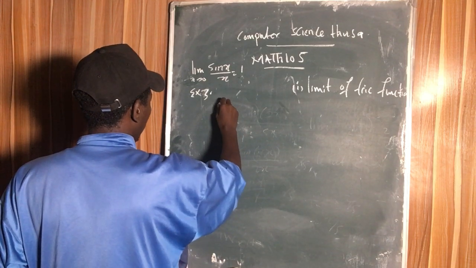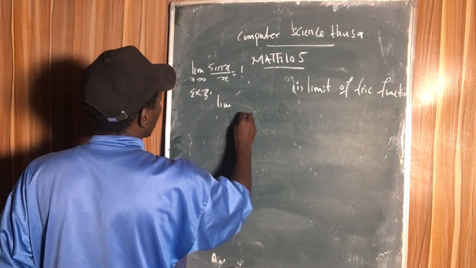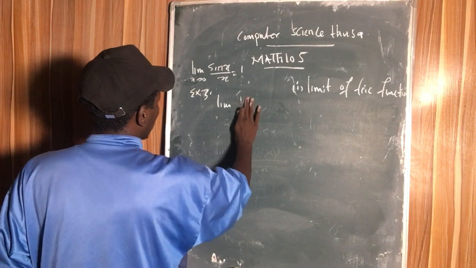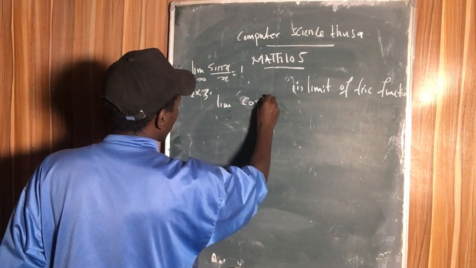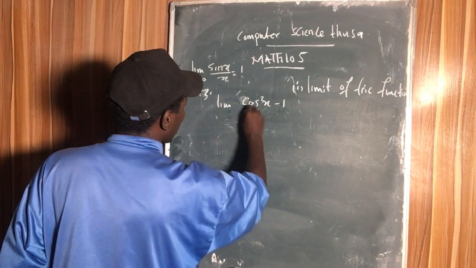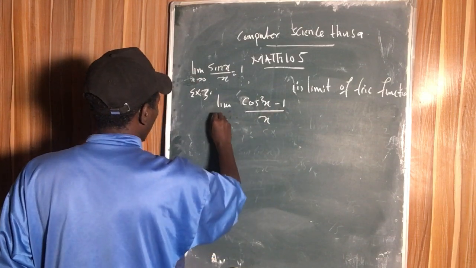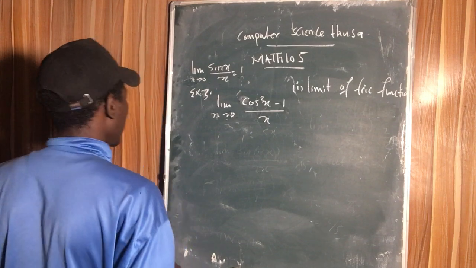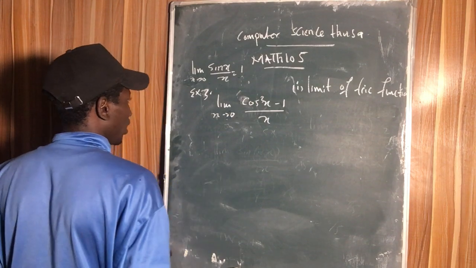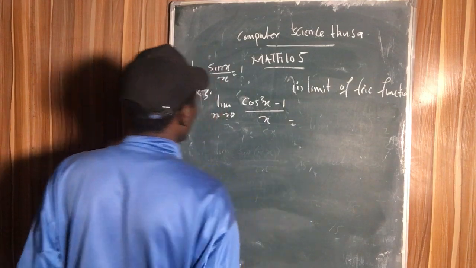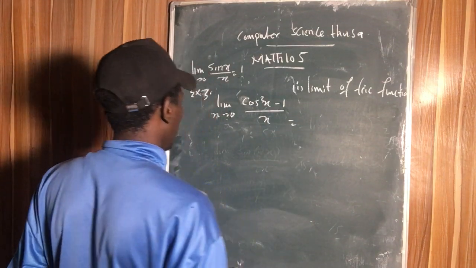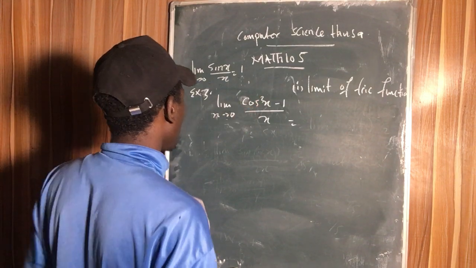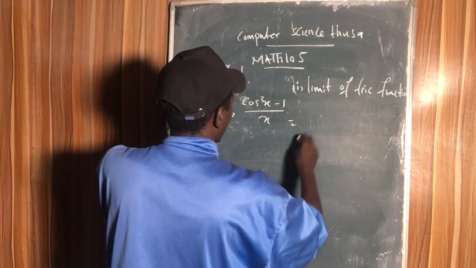Alright, let's try the limit of 1 minus cos square x minus 1 over x, as x tends to 0. So in another way, we want to have a remote solution, right? So around this straightforward, when x equals to 0, let's do something with 1 and cos square x.